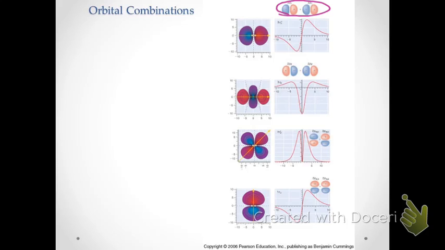Again, let me remind you that these are the 2pz orbitals that we have here, and the axis along the internuclear axis is the z-axis. In this case we get destructive interference in the internuclear region, so this is in fact an antibonding orbital, but it is a sigma antibonding orbital.